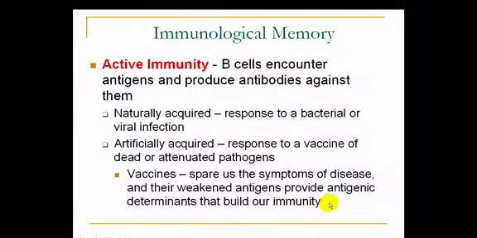So you put the antigen into your body, so you're still challenging your immune system, so it's called active, but you're acquiring it artificially. So vaccines spare us the symptoms of disease, okay, because they're usually weak or dead antigens, but it still provides our immune system with the challenge, and our immune system will produce the antibodies and build our immunity.